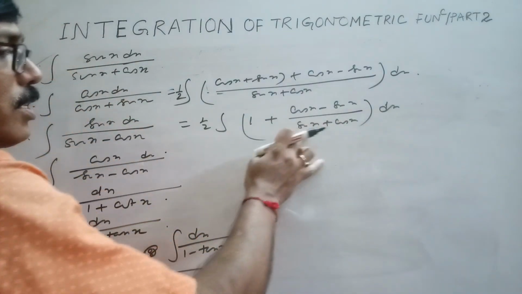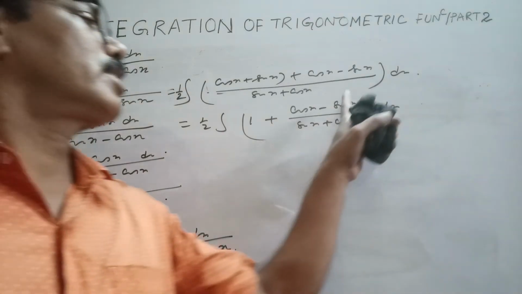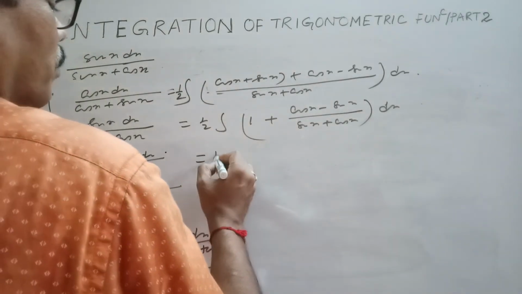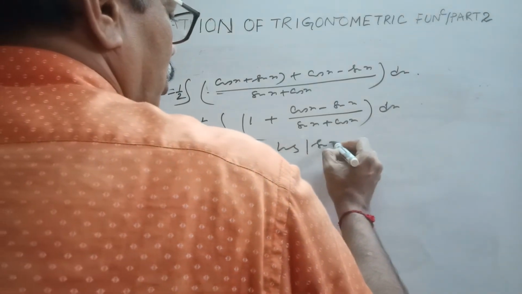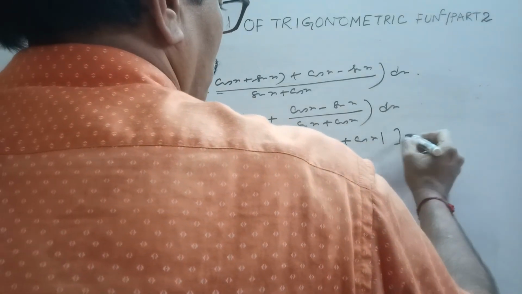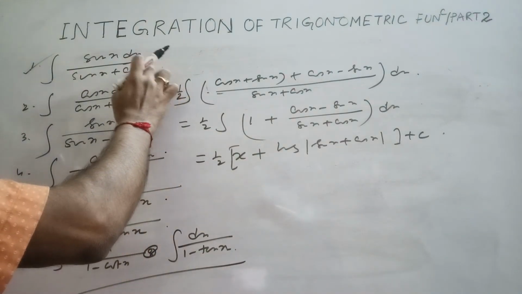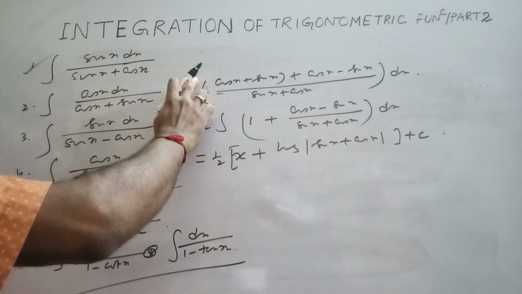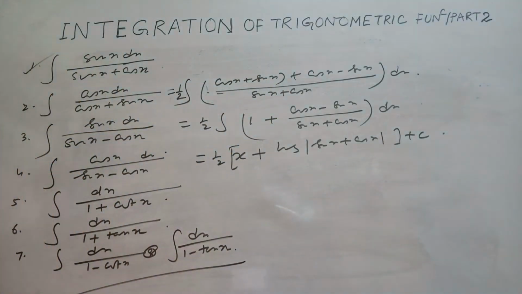Now if we put this as z, the derivative of sin x plus cos x is cos x minus sin x. So this is f dash x by f x, that is log f x. You can write it directly as log f x also. So log mod of sin x plus cos x. So what is a? a is 1, b is 1, c is 0. Actually there is no constant here, it is sin x plus cos x only. So the rule is a into denominator plus b into d dx of denominator.